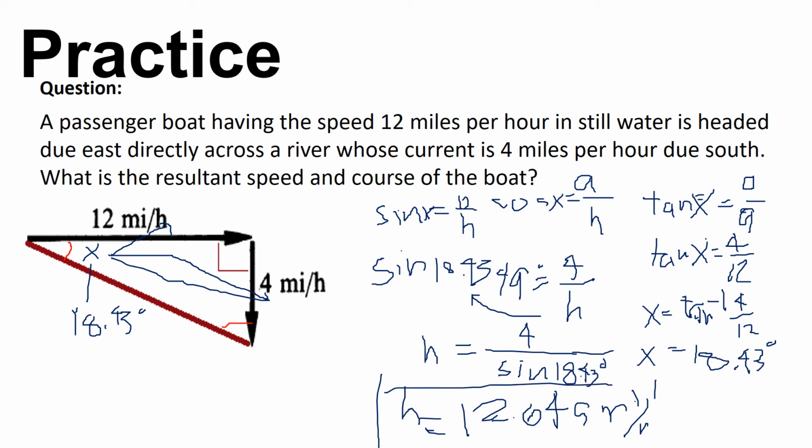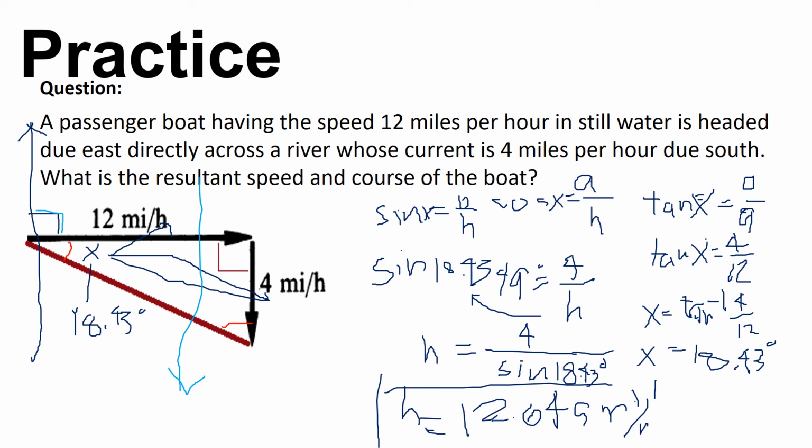The course of the boat. The heading of the boat is due east, or 90 degrees. But since there is a drift, the course is not the same, since the boat is drifting towards this direction, so it's no longer 90 degrees.